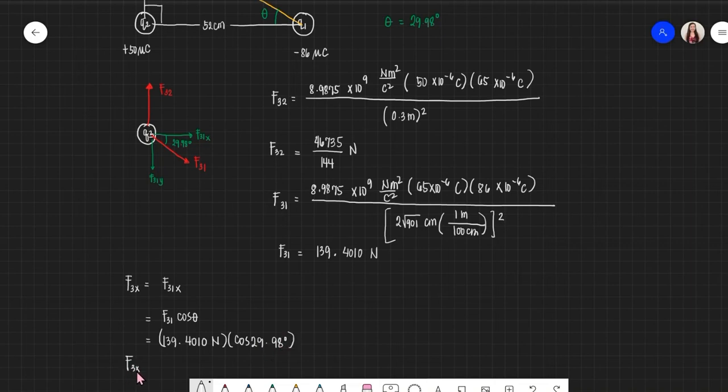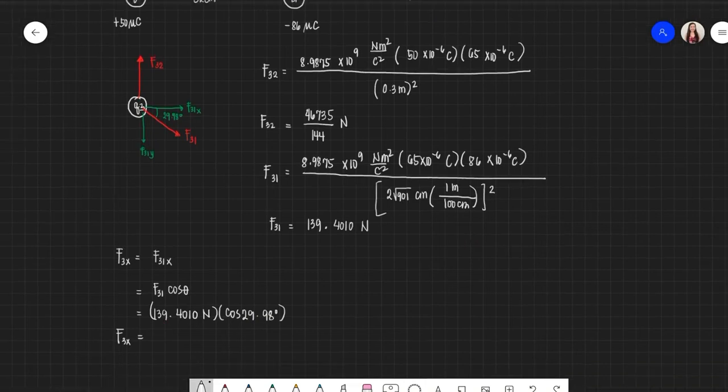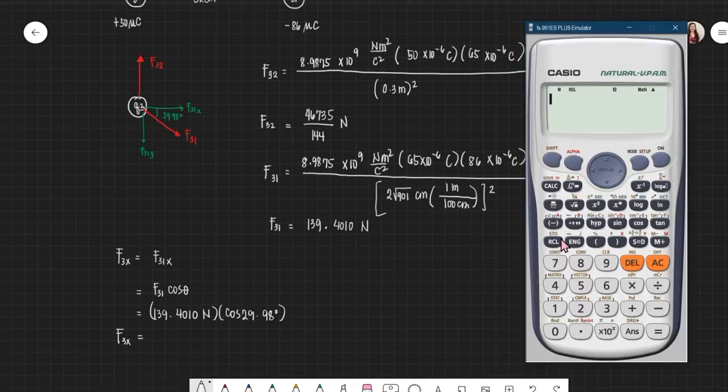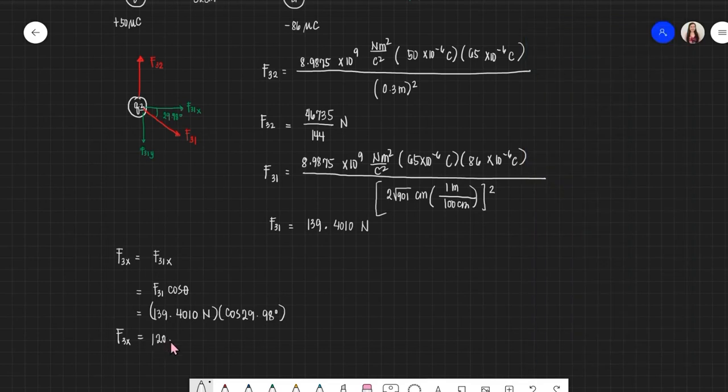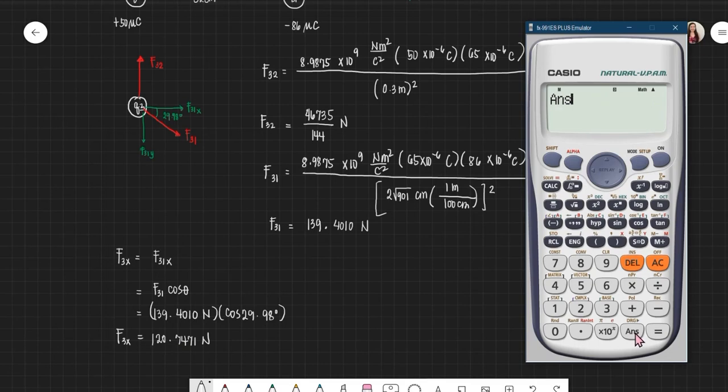So F3x is equal to B, that was our answer earlier, and then cosine of angle A. So that is 120.7471 newtons. Let's store that in C.